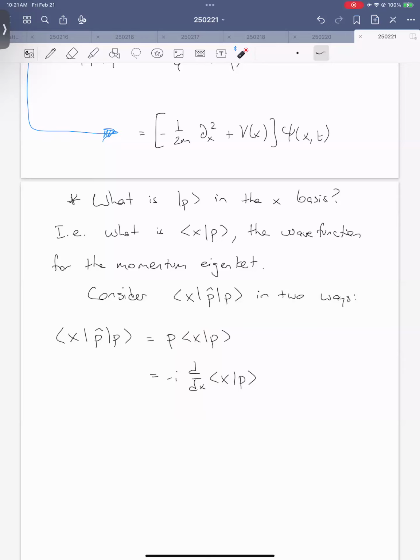And can you solve for that f of x? Yes, the answer is exactly. So therefore, we must have that xp is equal to some number n e to the i p x.